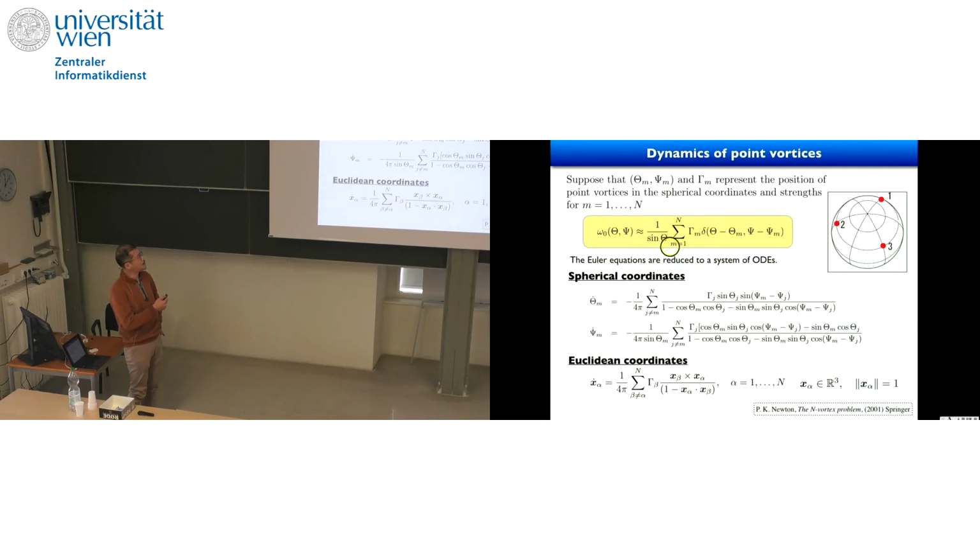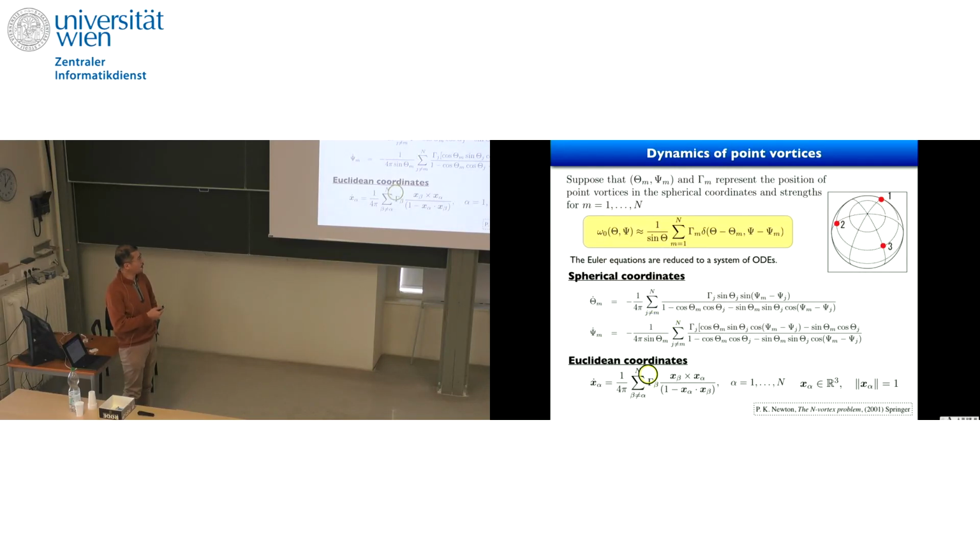When we plug this vorticity distribution into the original Poisson equation, we have the equation of motion for the location of the support of the measure, which gives rise to the point vortex dynamics. With this assumption, the Euler equations are reduced to a simple system of ODEs, an evolution equation for theta m, phi m. It looks like very complicated nonlinear ODEs.